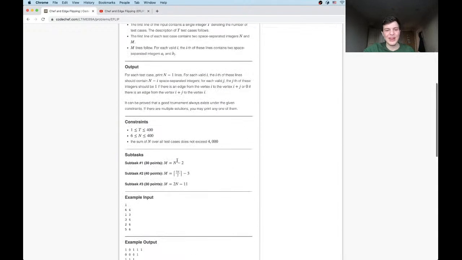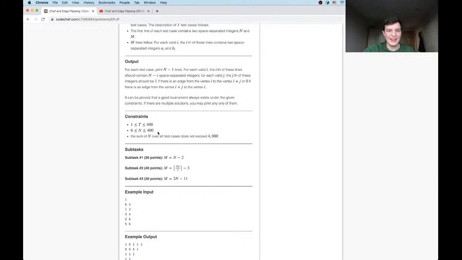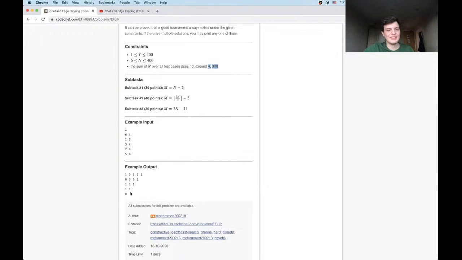We are given n, which is less than 400, and the sum of n's over all tests is 4000. So this means that we should expect a quadratic solution. You can notice that we actually have a quadratic output. So partially that's why the constraints are like that, but we are gonna go into it.